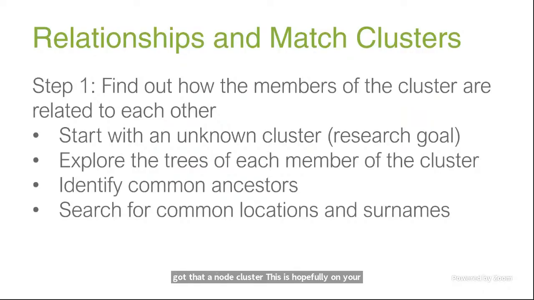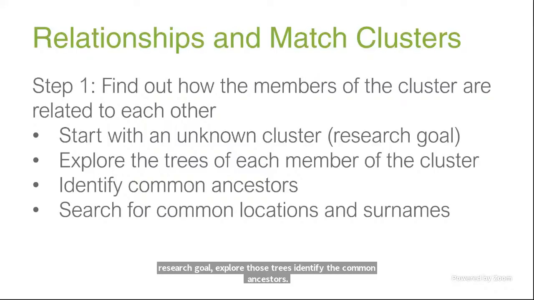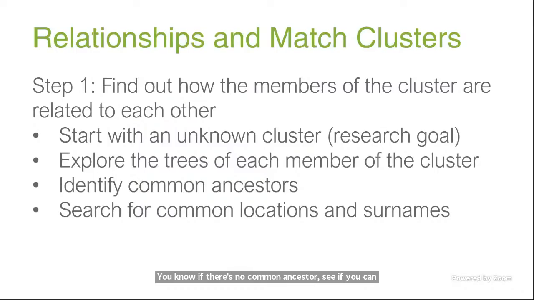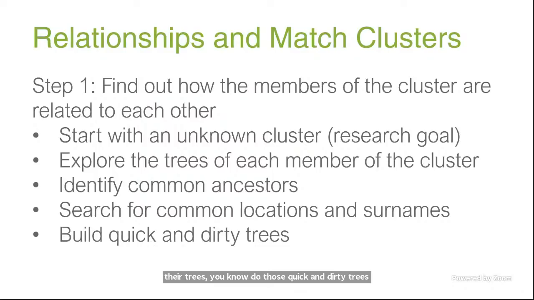Explore those trees, identify the common ancestors. If there's no common ancestors, see if you can figure out common locations and surnames, build out their trees, do those quick and dirty trees, search online trees, do whatever you can to see if you can connect all of the people in the cluster to each other. So again, you're taking yourself out and you're just looking at the people in the cluster.